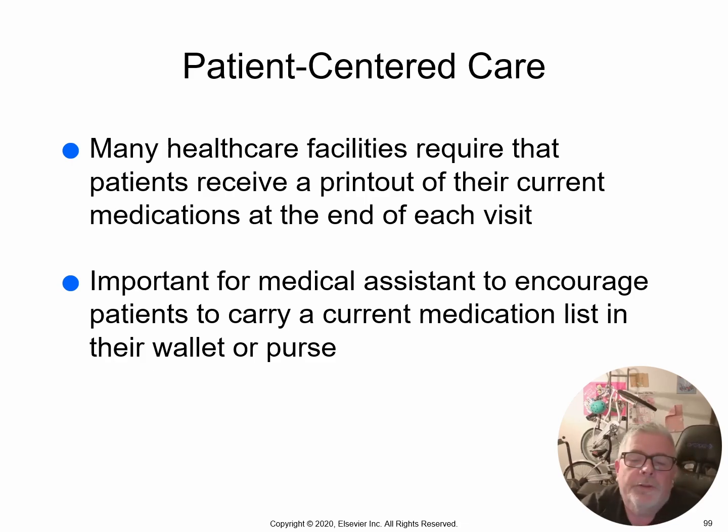It's important for medical assistants to encourage patients to carry a current medication list in their wallet or purse or some way, shape, or another. It's so frustrating when you're seeing a patient and they say their doctor told them to take some medications for their issues, and I'm like, well, which medication are you taking? Oh, I don't know. I left it at home.